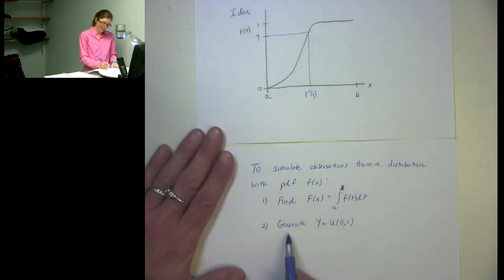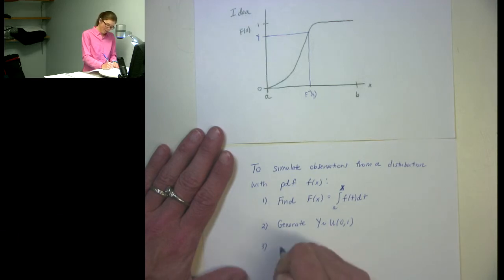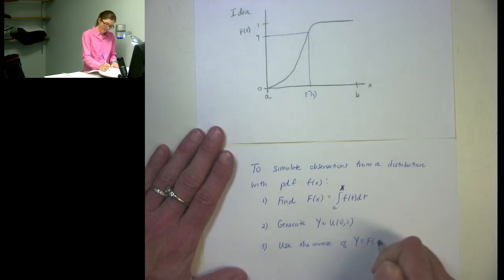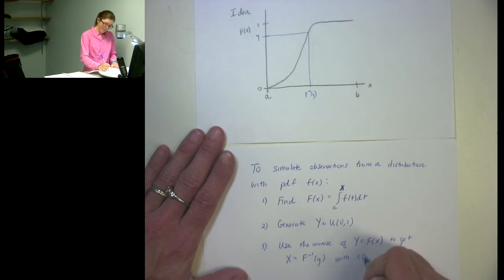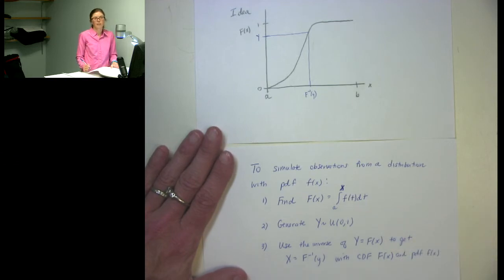Once you've got your observations from a uniform distribution, then you're going to use the inverse of y equals F of x to get x equals the inverse of y, which will be an observation from the distribution with CDF F of x and PDF little f of x.